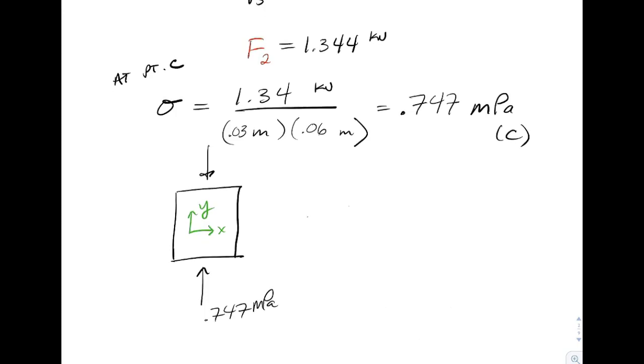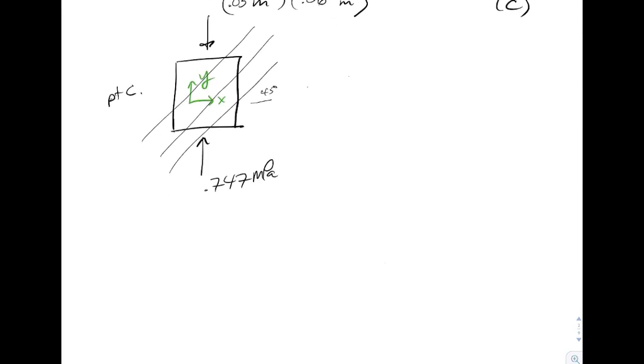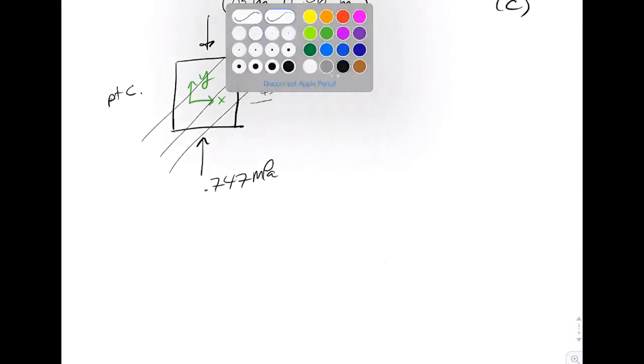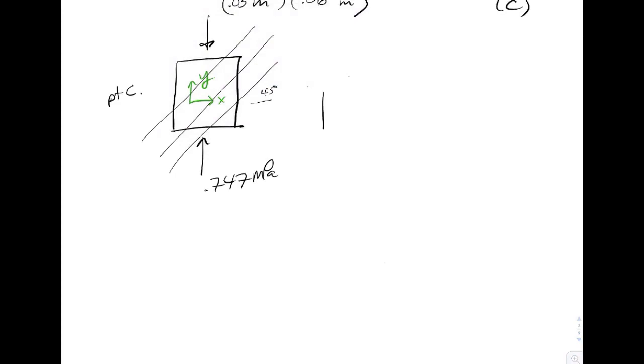Again, this is point C, and we would have that our grain lines would be working across at 45 degrees. So our transformation may actually go pretty quickly here. So let's take that state of stress and put it on Mohr's circle.